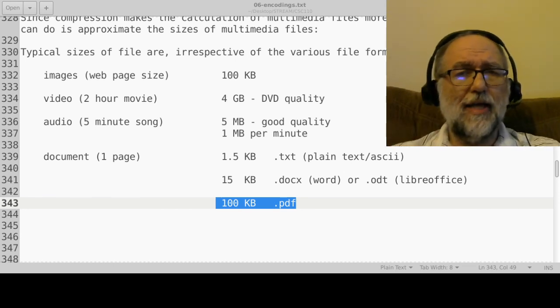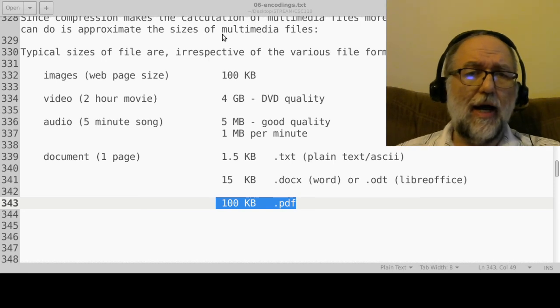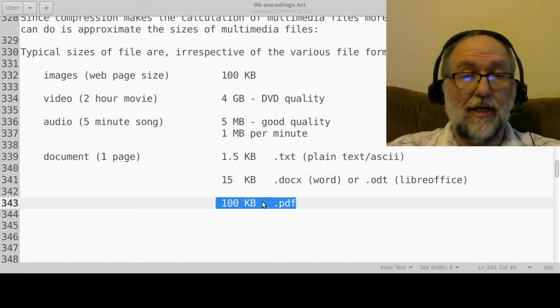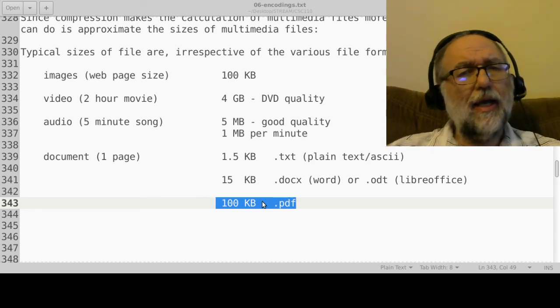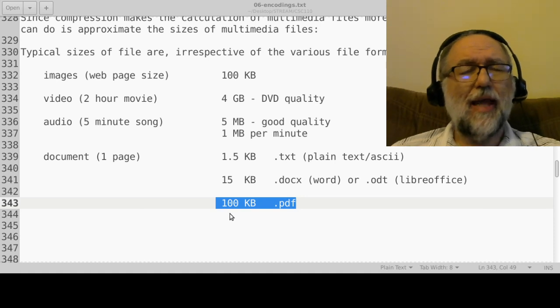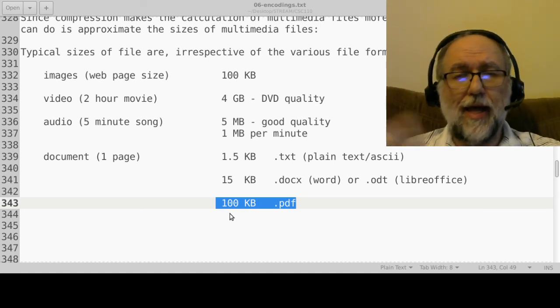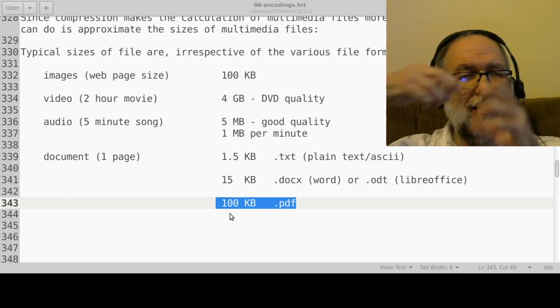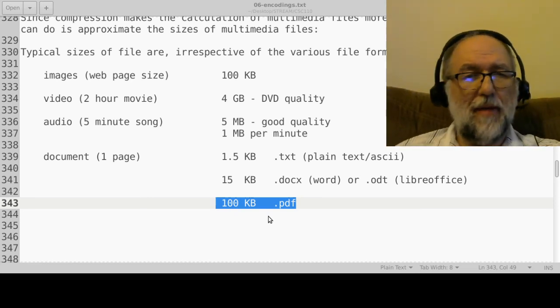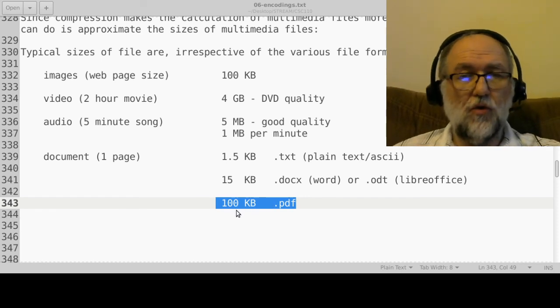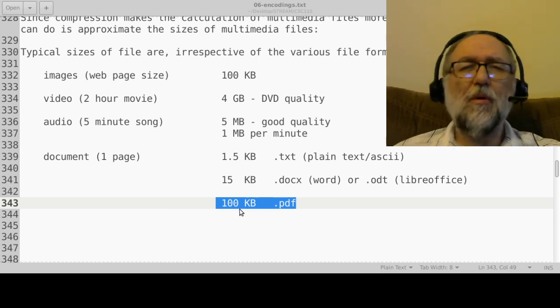If you ever download a textbook, it would probably be in PDF format. It's roughly about 100 kilobytes per page. It can be less if it's just text, but a lot of the textbooks I have are physics textbooks with all sorts of mathematical symbols, and the more fancy stuff there is in the page, the more the kilobytes will increase. So that might be a little bit on the high side, but we'll go with that number.